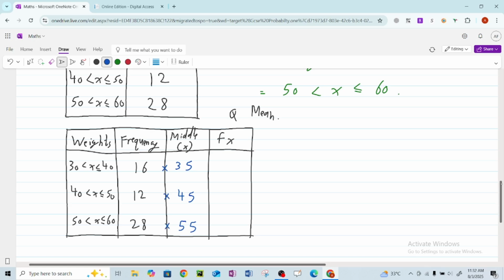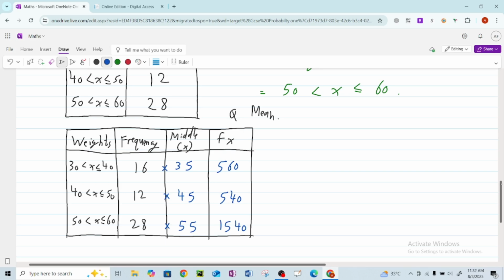If I do that over here quickly, 16 times 35 is going to give you 560. Then 12 times 45 is going to give you 540. And the last one, 28 times 55, is 1540. Yep, that is our answer.